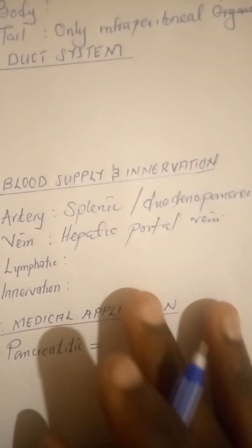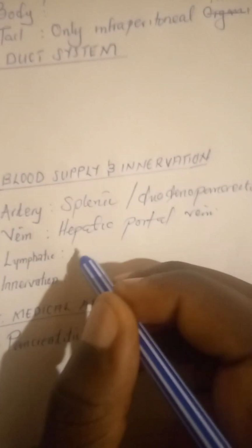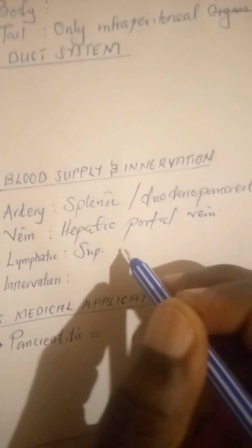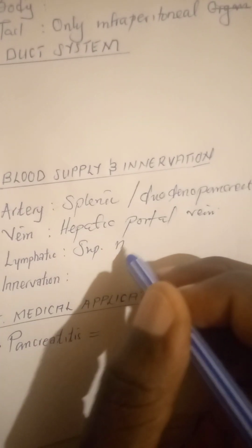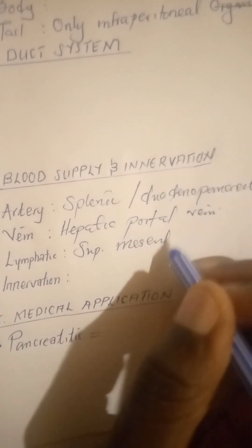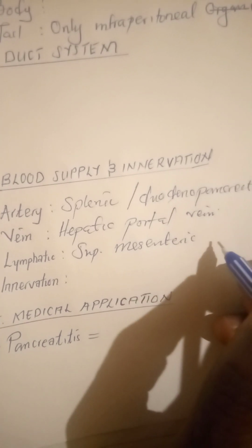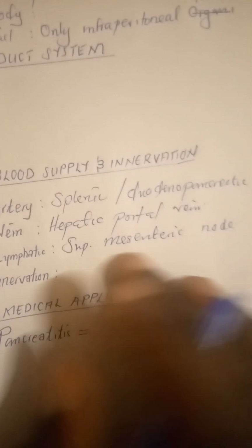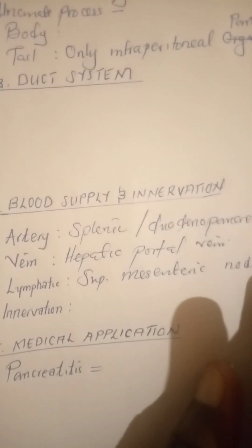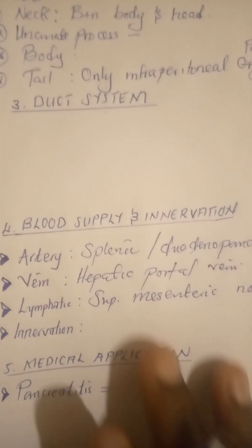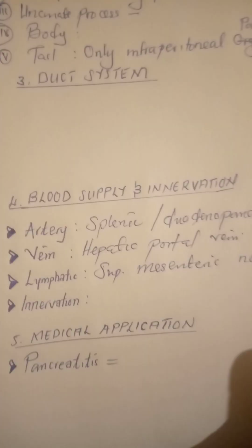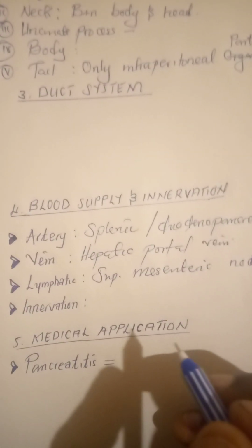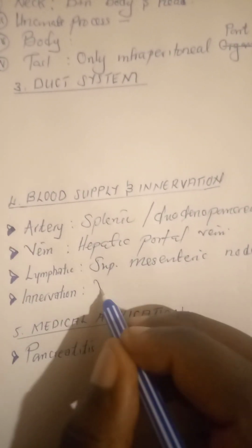In terms of lymphatic drainage, we have the superior mesenteric nodes, which are involved in the drainage of lymph from the pancreas. And in terms of innervation, we have the vagus nerve.